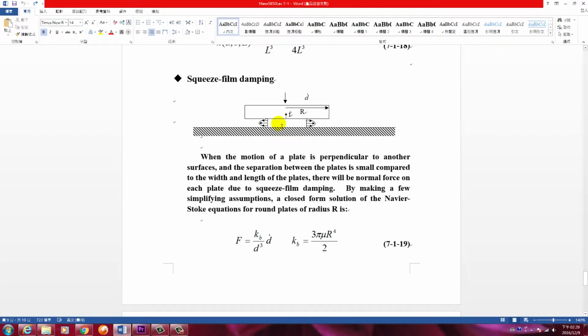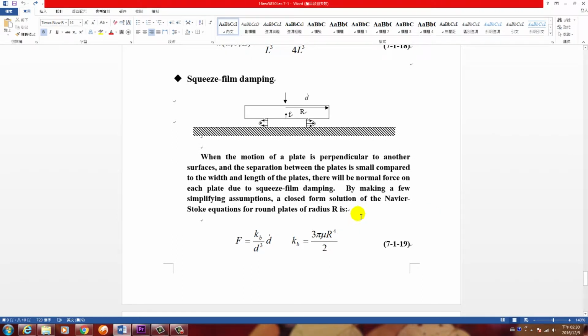If you push down faster, you get a larger force because you want to move the air on the bottom out faster. In that case, it will generate a large velocity difference between the center part and the border part. So this also gives a lot of shear force. So with higher speed, you have a larger shear force, which gives a lot of resistance force when you push down the plate.